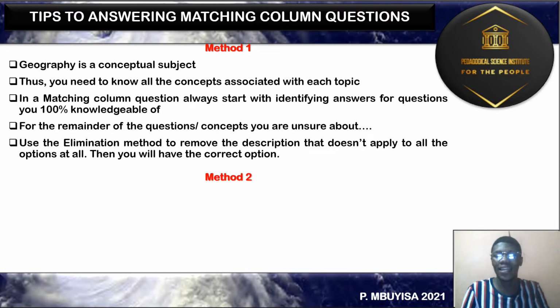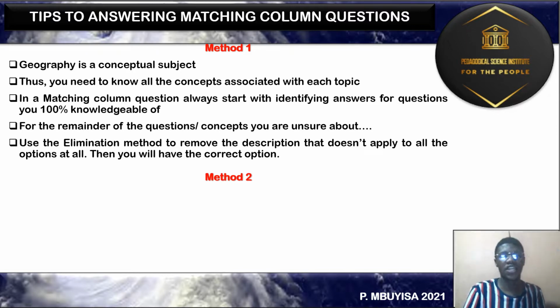There are special concepts that are unique to tropical cyclones. And we say that you need to know your definitions, you need to know your concepts. Because in your matching column questions, they will always ask you to match a description, which may be a definition or a description of some concept, and associate it with the correct term that will be in the other column.